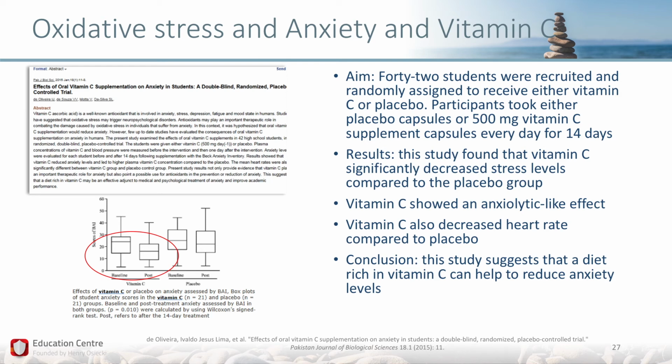They had 42 students randomly allocated to vitamin C or placebo. They took 500 milligrams for 14 days, and vitamin C significantly decreased stress levels compared to the placebo group. It had a significant anxiolytic effect and decreased the heart rate, and they suggest that a diet rich in vitamin C can reduce anxiety levels.